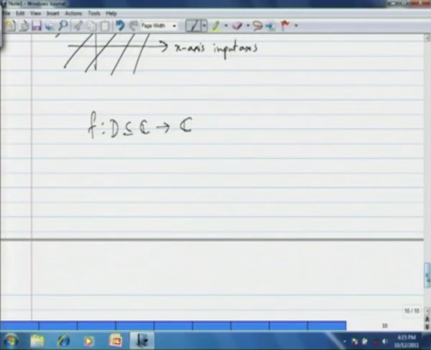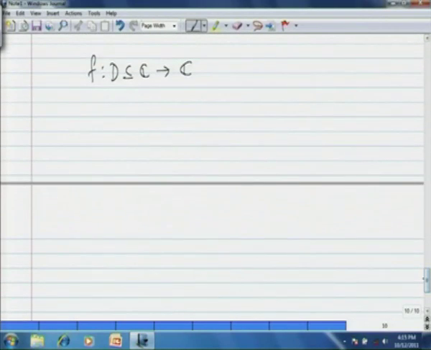Since we cannot visualize 4 dimensions, at least on the board, we will draw one piece of complex plane for visualizing the domain, and another piece of complex plane for visualizing the range of this function f.